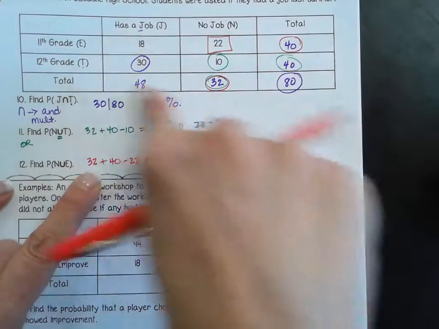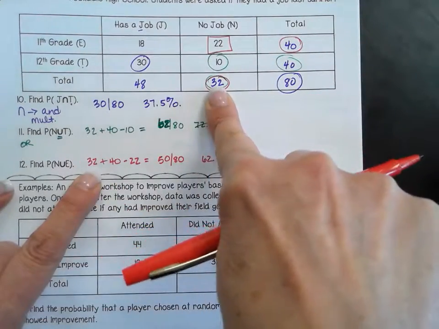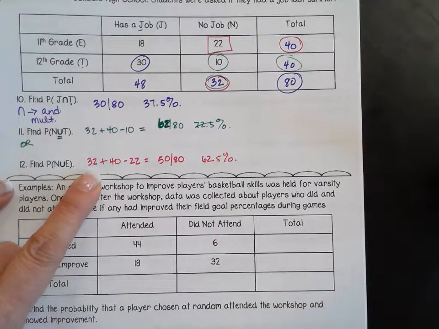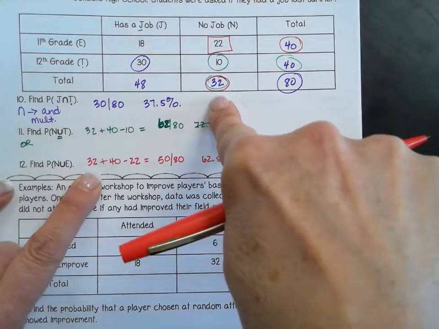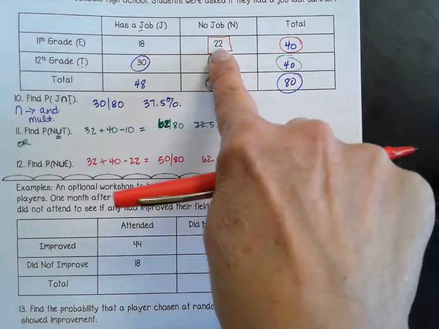No, because these are all of them in the sample. So you have to take all of them in the sample, but that's why I'm subtracting out those that are duplicated.